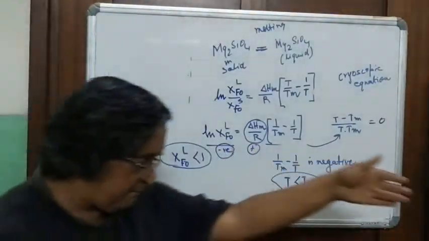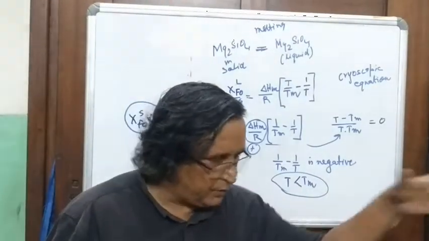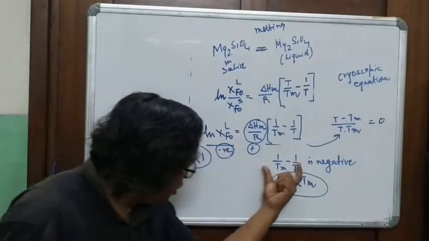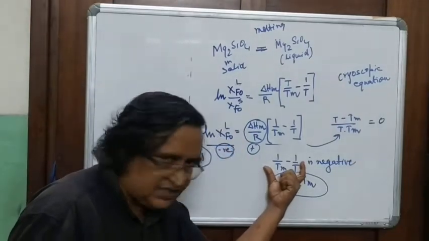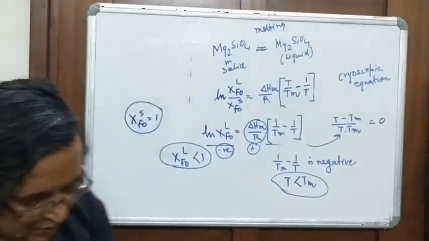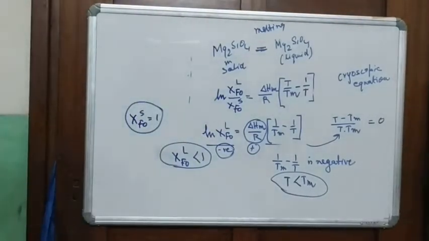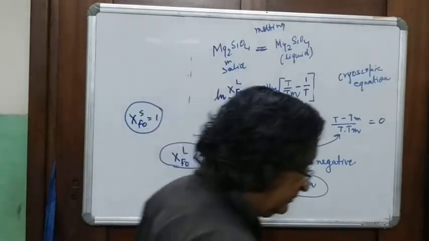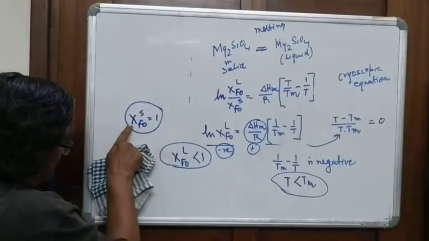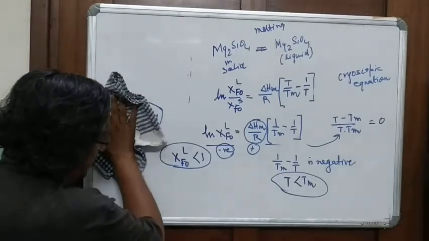Higher the addition of impurity, the magnitude of this will increase, and so will the magnitude of this negative value. This is very, very important to realize, which means, now remember, X phosphorite is solid in this discussion.